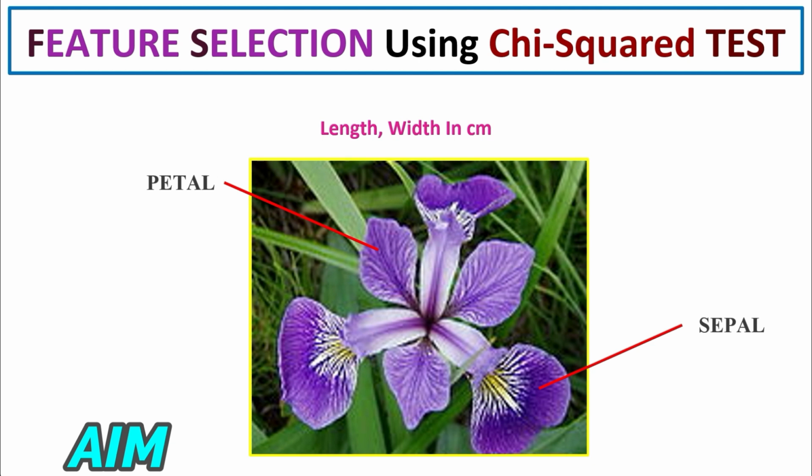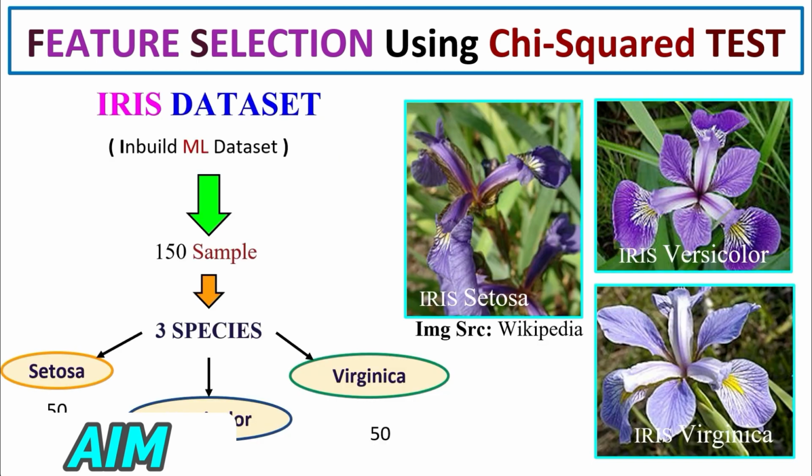We will select the features that will be helpful in differentiating between the 3 flower species. Again, I'm repeating what we are doing here: we are just using this method for feature selection, so we can easily differentiate between these 3 flower species.